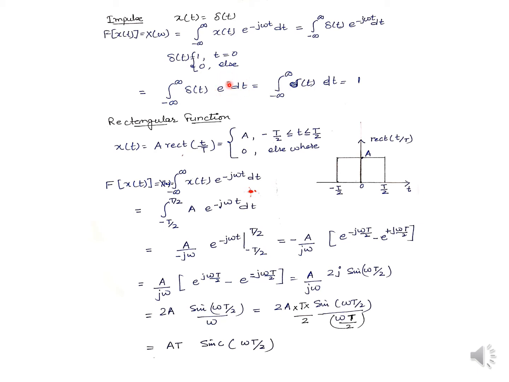You can't write dt equals 0 because dt is a small variable about which we are integrating. So you put t equals 0 where t is available, here. So it becomes e raised to the power 0, and the area under the impulse function is equal to 1. So you can say the Fourier transform of delta t is equal to 1.